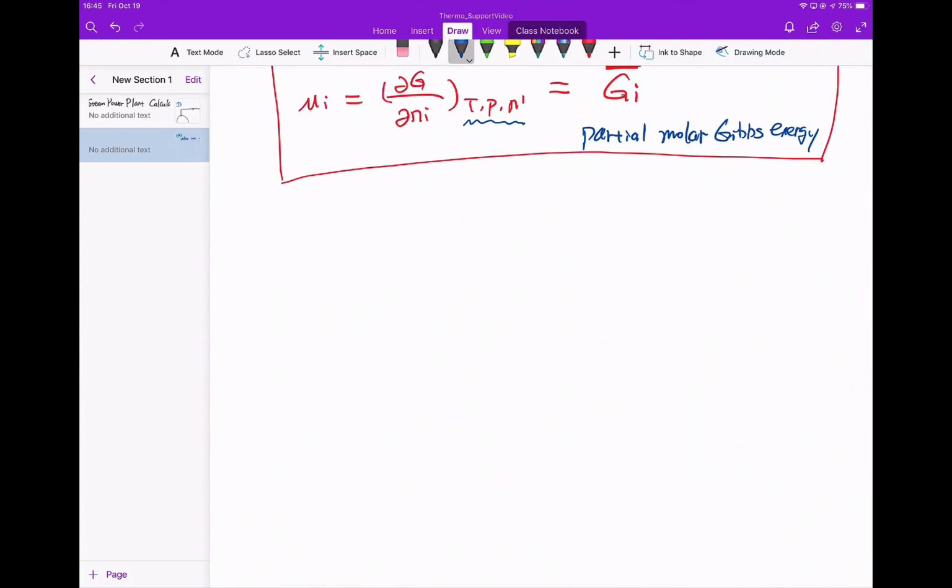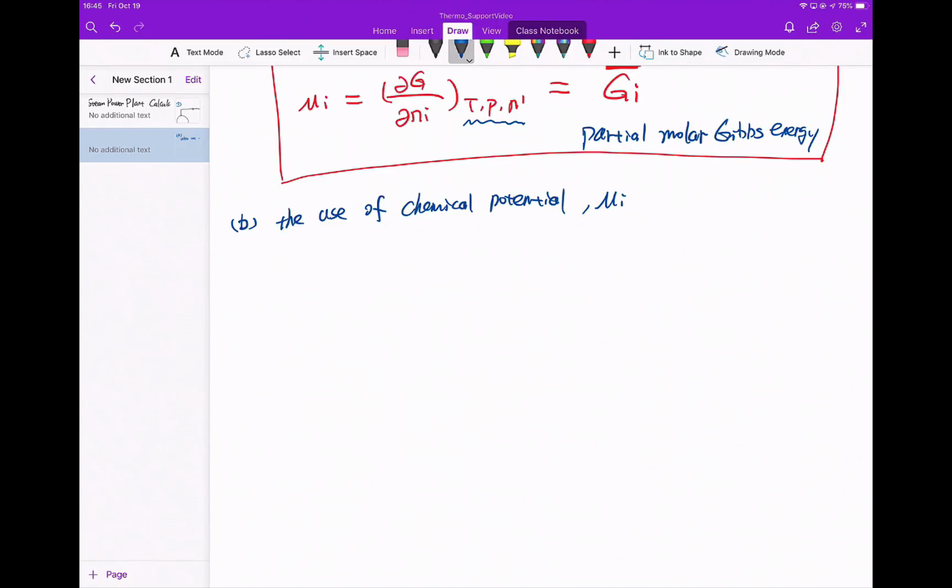Part B is the use of chemical potential, mu I. We define something and we tend to use it.